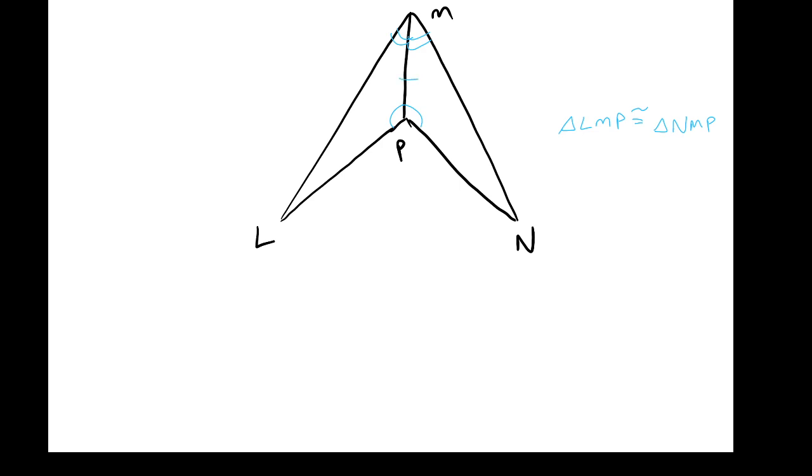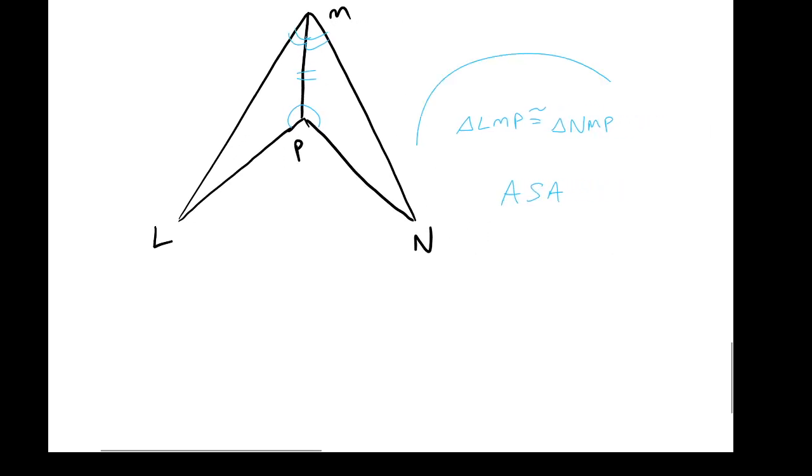We'll take a look. We have a reflexive side here, right? Is that side included? In other words, is the side in between, or is it not included, being angle, angle, side? And of course, it's sandwiched in between. So this is the case of angle, side, angle, the included side. So yes, those two triangles are congruent. Okay?